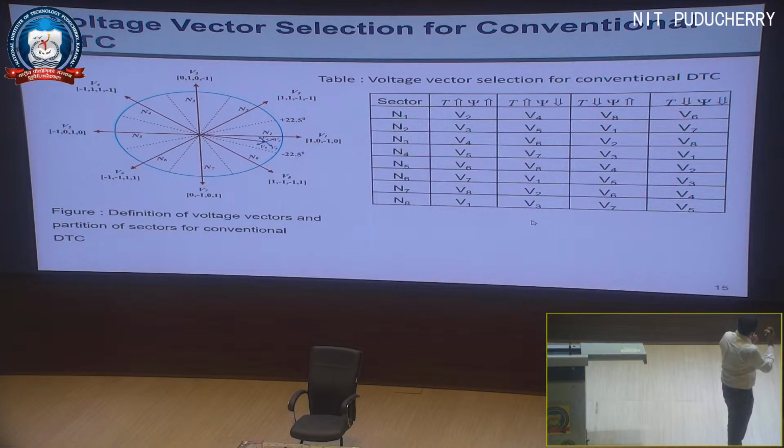And similarly V4, and once these two are selected, then the opposite vectors will do the needful for reducing, and the same is the case for the other sectors, right?